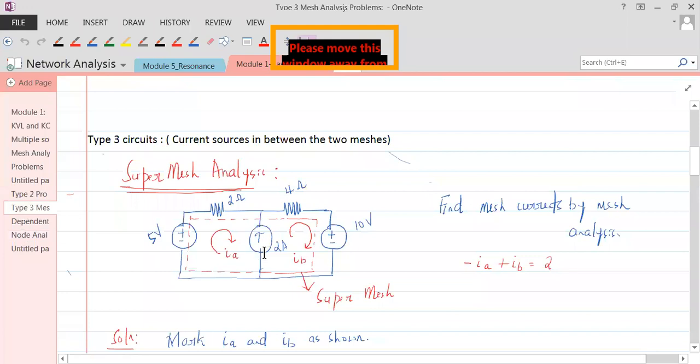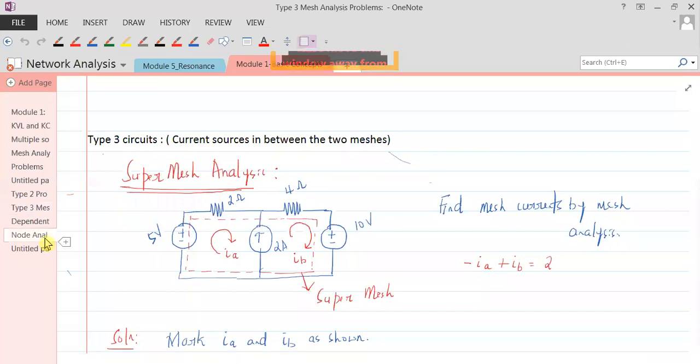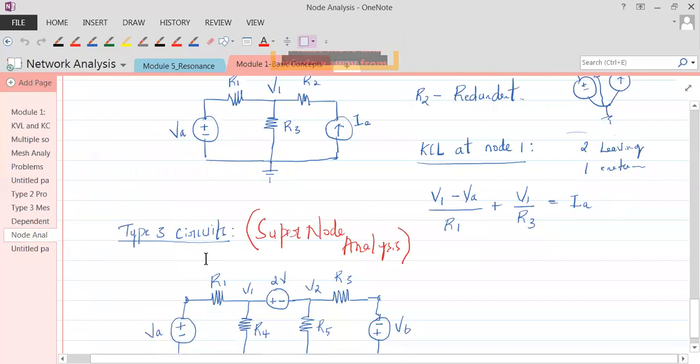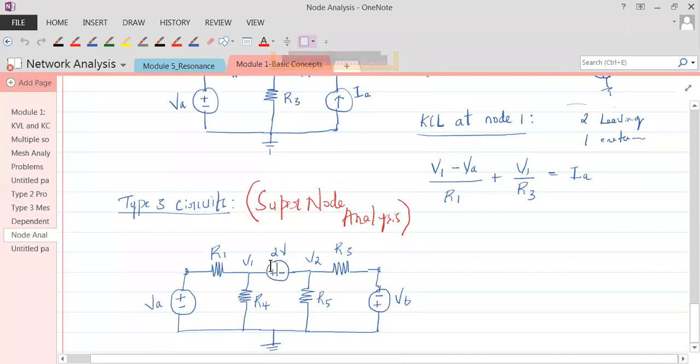In super mesh, what was happening? When we have a current source in between the two meshes, we combine the two meshes to form one super mesh. Here, when there is a voltage source between the two nodes, we combine the two nodes to form one super node.